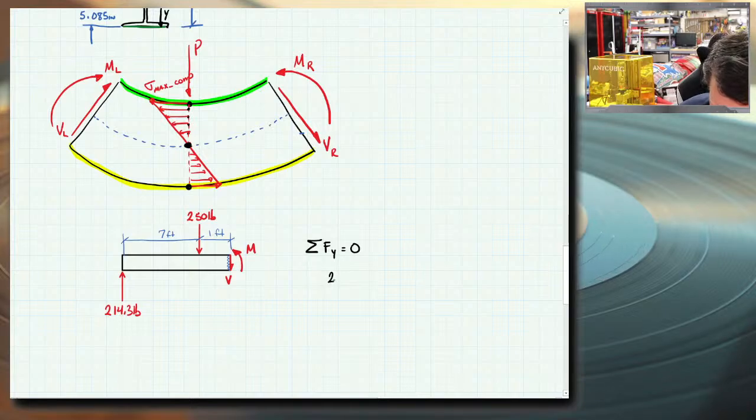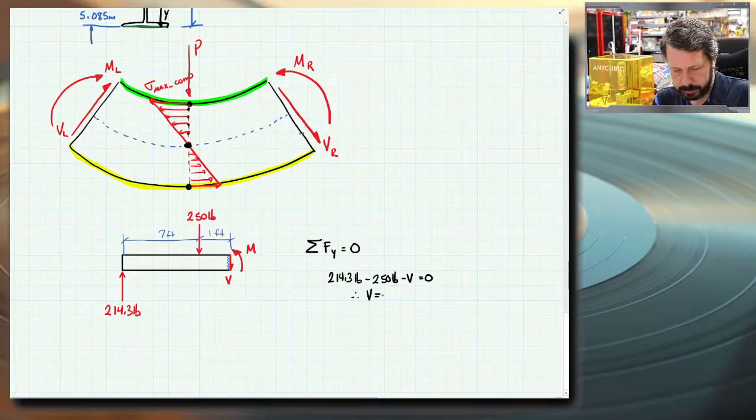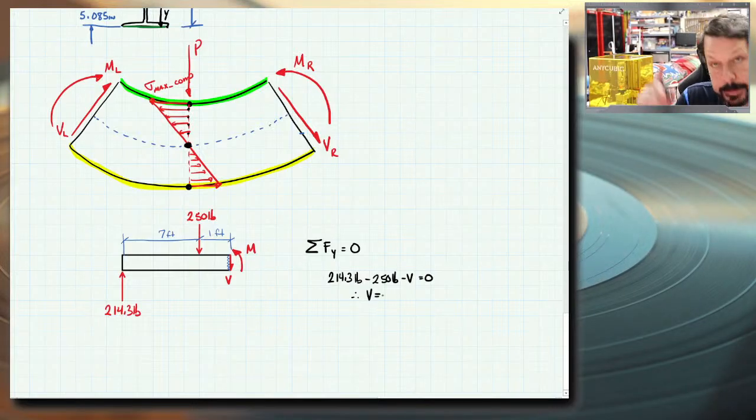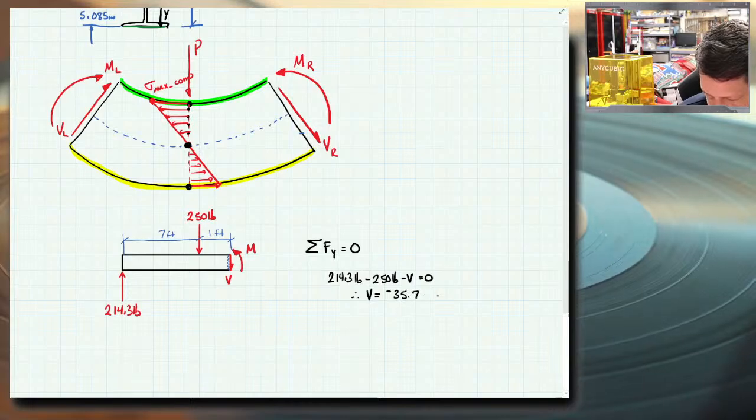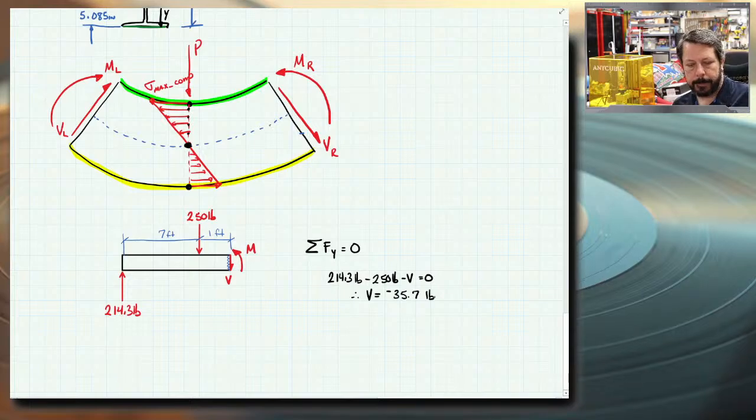So 214.3 pounds minus 250 pounds minus V, the way I drew V, equals 0. Therefore V equals, my calculator out, 250 minus 214.3. It's a negative, so it needs to be pointing up. 35.7 pounds. So really it's supposed to be pointing upwards, but that's okay.